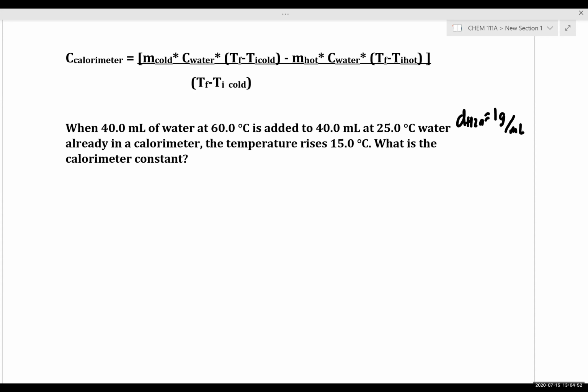We'll discuss this example in about 2 to 3 minutes. Let's try to get a few responses in the chat for the heat capacity of our calorimeter for the following water mixing experiment.